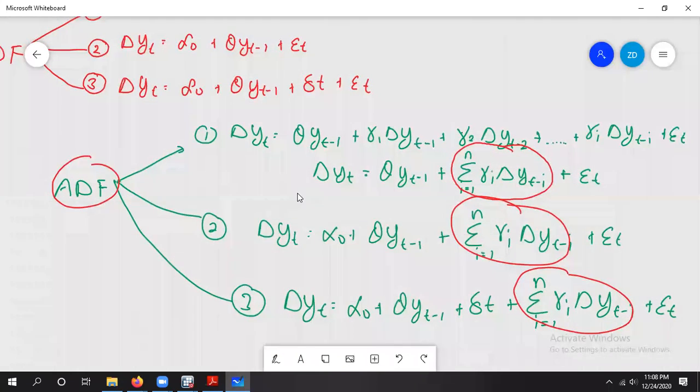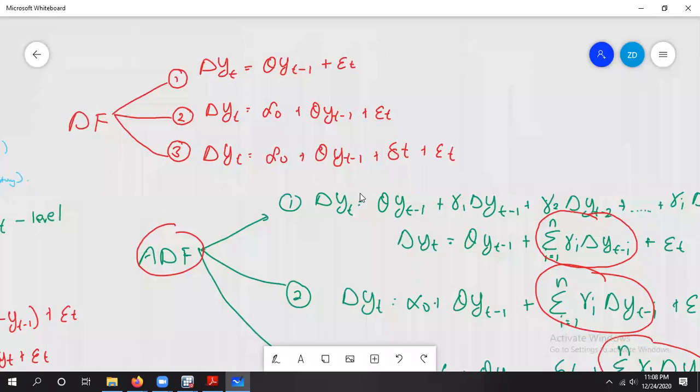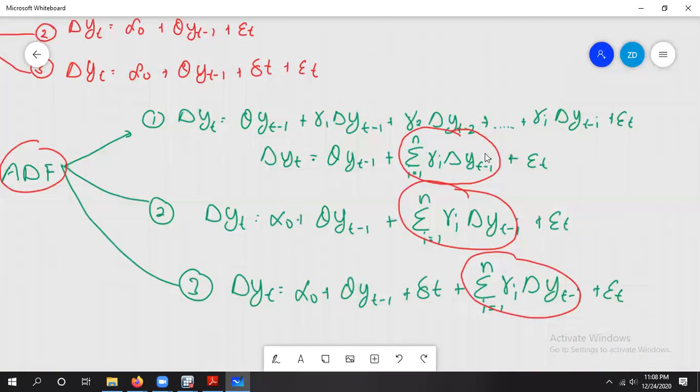For the Dickey-Fuller test, we don't put the dependent variable with the lag, and for the augmented one, we put this. We put this because we want to take care of the serial correlation in the error. Usually when we put this, the serial correlation no longer exists.